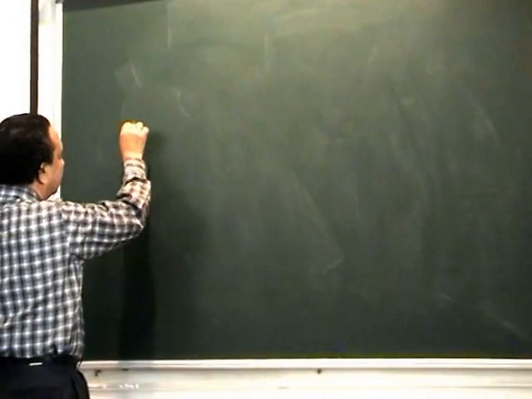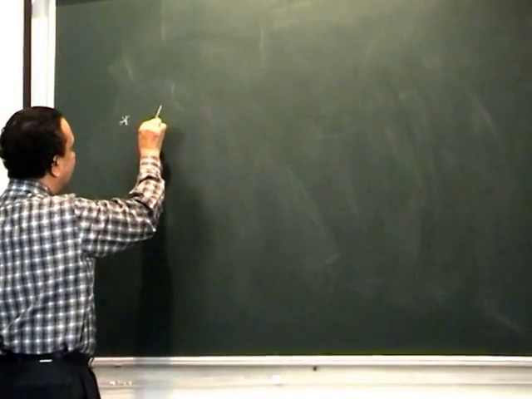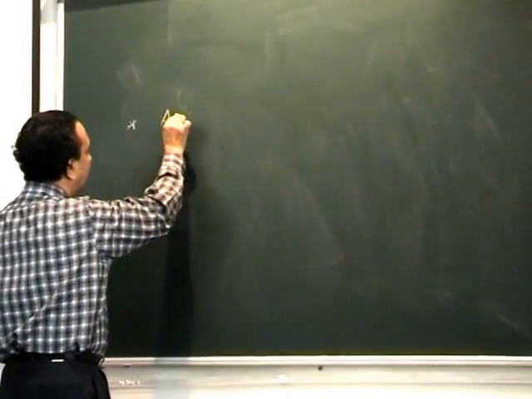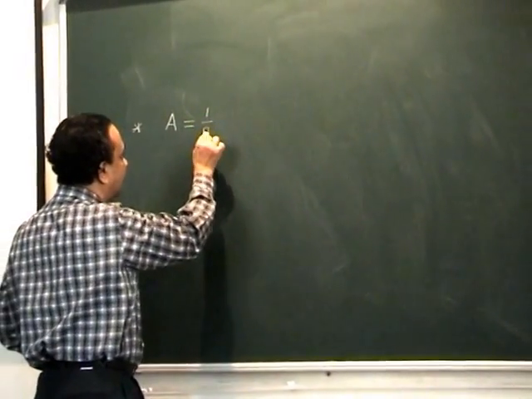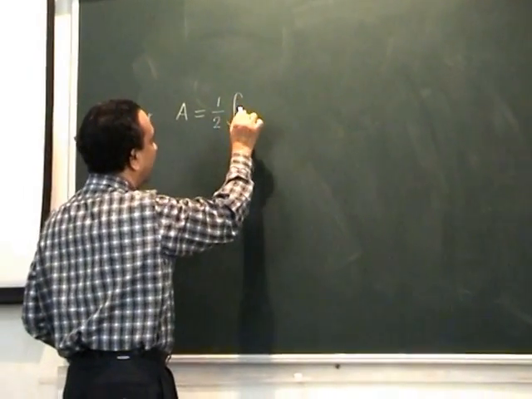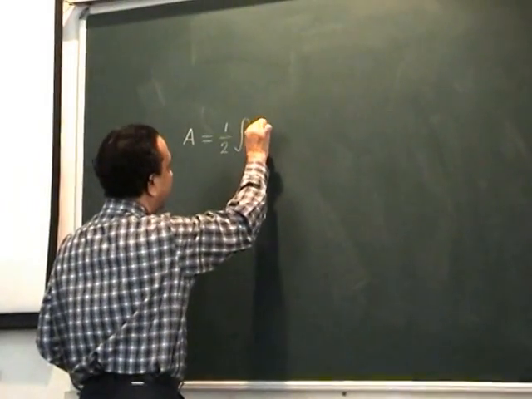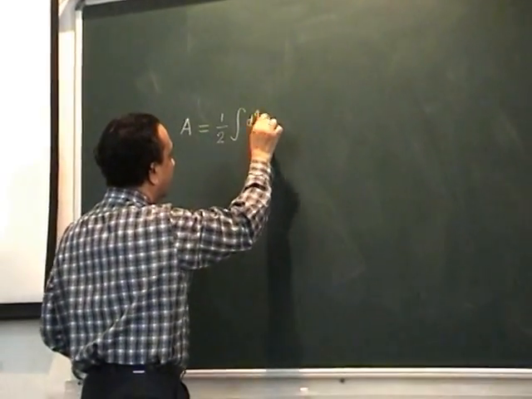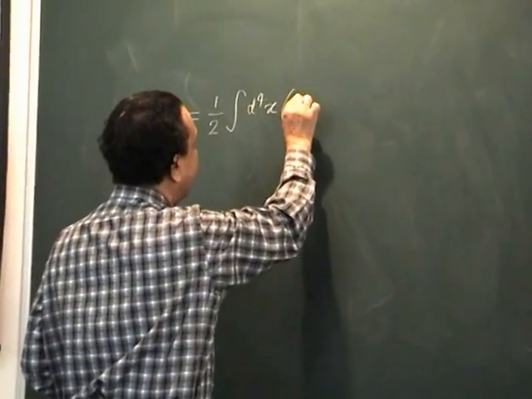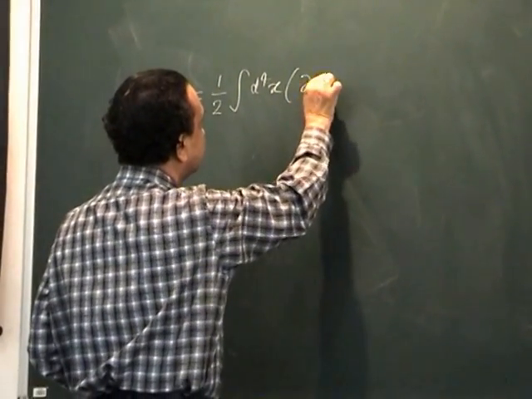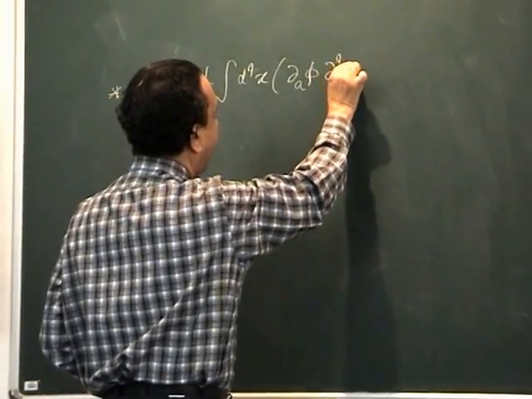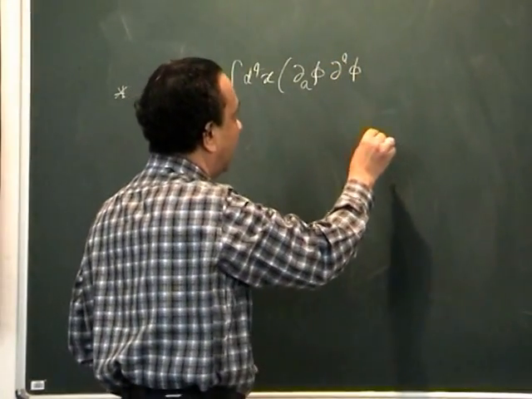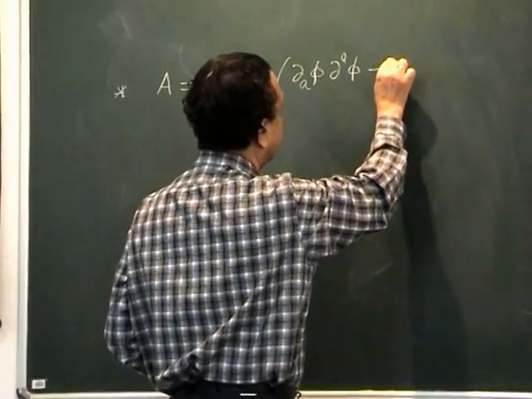If you remember the previous analysis, the action which we found had the form, for the simplest case of a scalar field, half integral d4x of (∂_a phi ∂^a phi minus m square phi square).